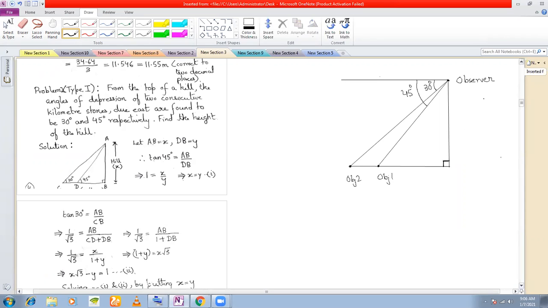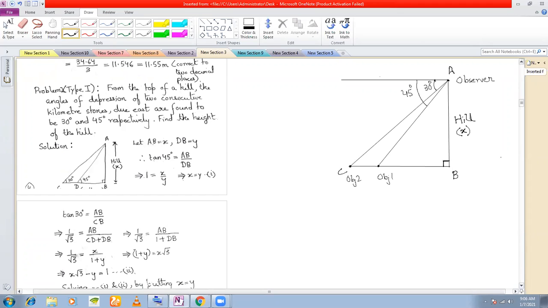And this is your hill. The question here is to find the height of the hill. Let us say that the height of the hill is x. We name this right angle triangle ABC.